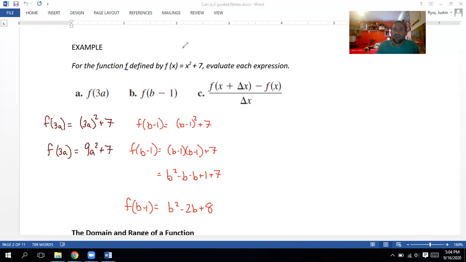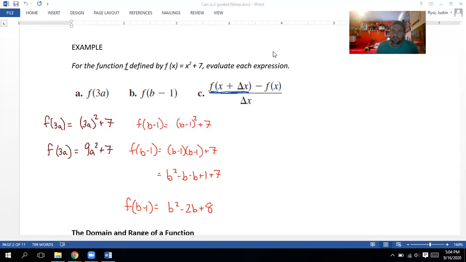All right, and then next, let's do the tough one. This is actually going to be a really big formula that we will spend a lot of time on, but we could still technically do it now. We're going to find three things, and maybe I'll try to color code this. We're going to find f of x plus delta x.